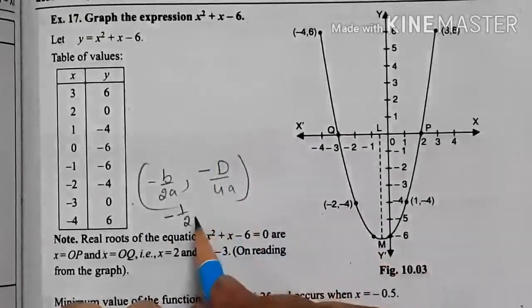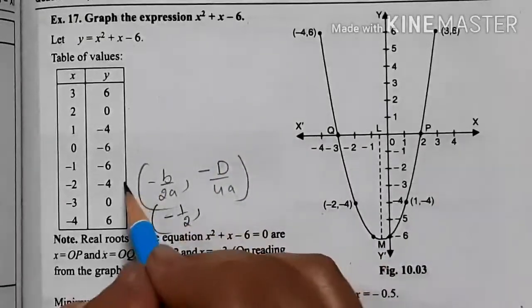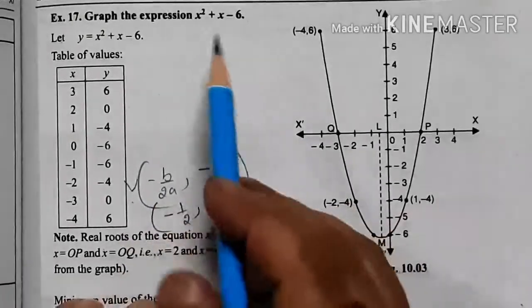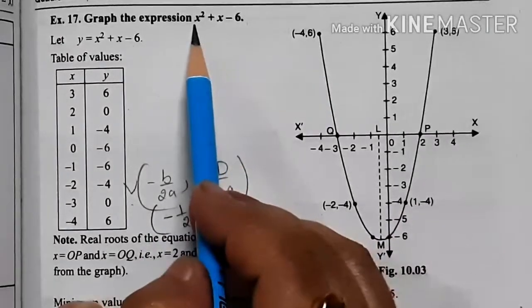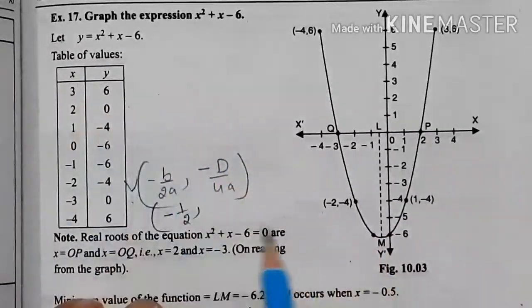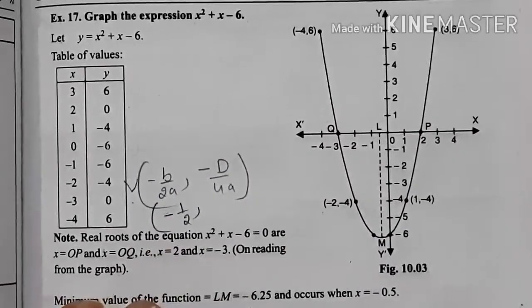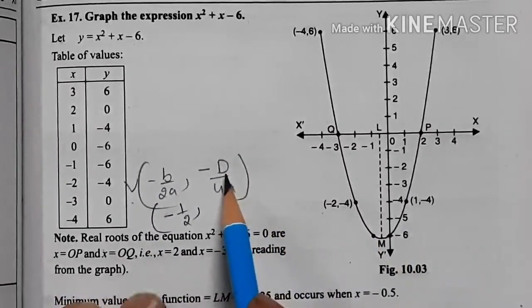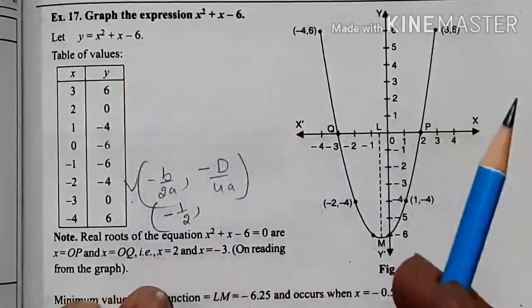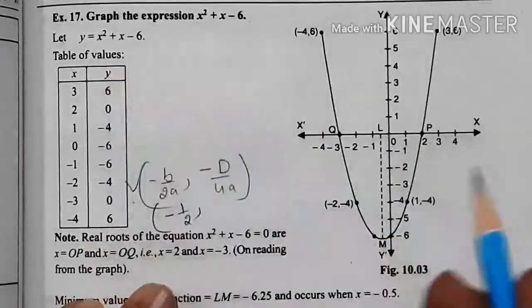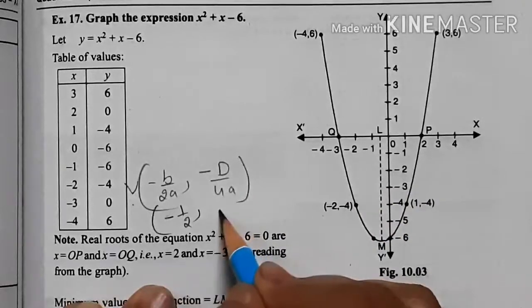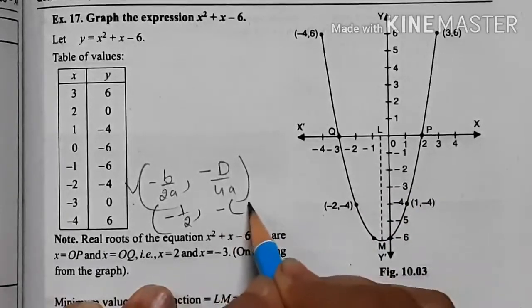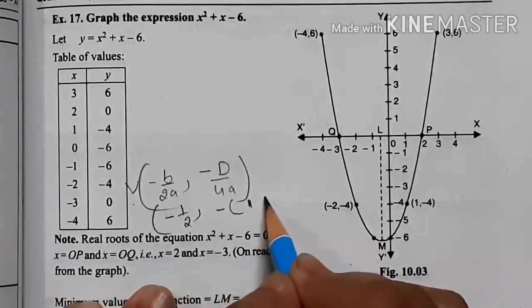Now if you go with the discriminant, because this is your vertex, first I will check that the x square coefficient is positive, which means it will be an upward parabola. Now check with the discriminant. The discriminant formula is b square minus 4ac, where the b value is 1, the a value is 1, and the c value is minus 6.